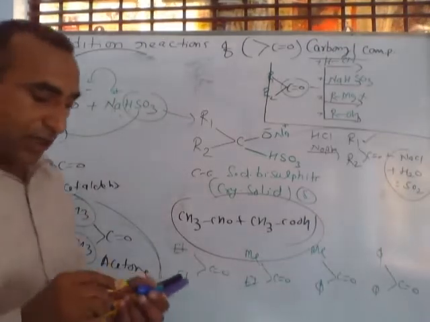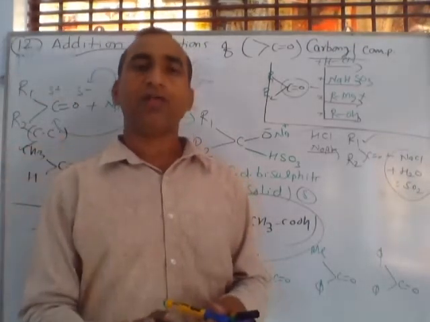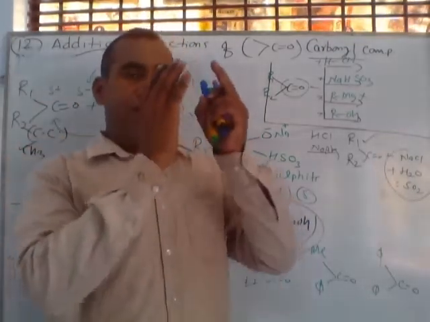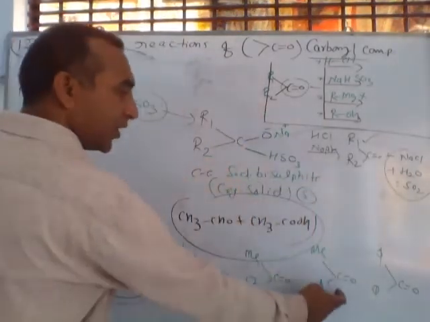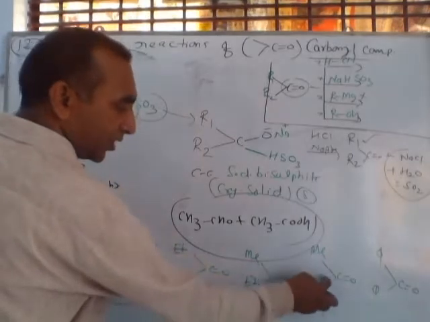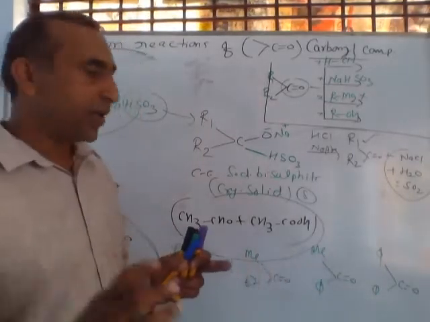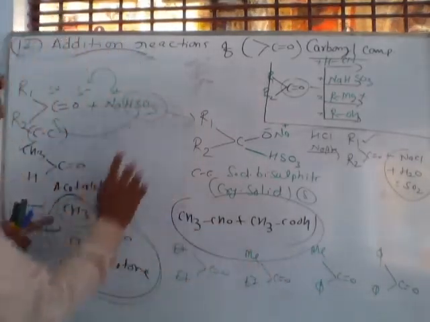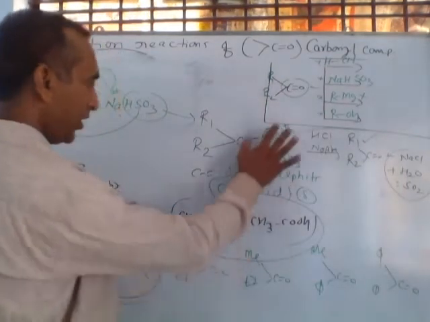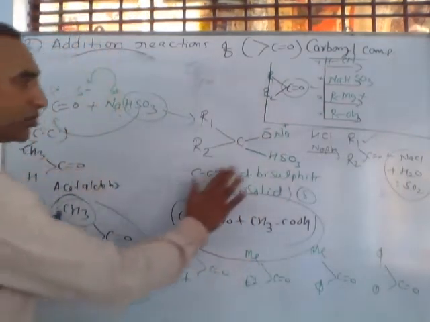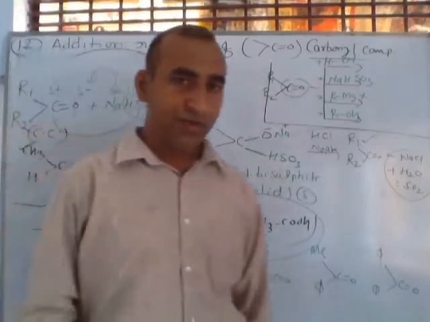So in the exam they can ask, how can you distinguish between acetone and acetophenone? This is acetone, this is acetophenone. In acetophenone, the ring is a bulky group. On reacting with sodium bisulfite, acetone will give a crystalline solid compound, acetone sodium bisulfite, but acetophenone will not.